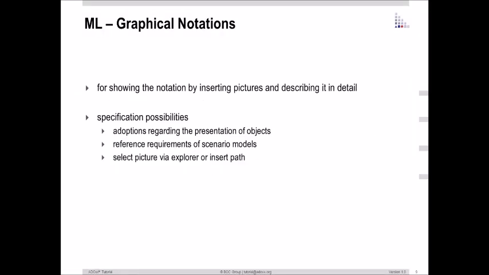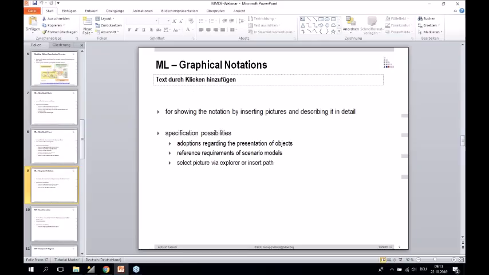Furthermore, we've got the graphical notations model type. It shows the notation of the language elements in detail. Therefore, it is possible to insert pictures via the picture path or by using the Explorer. I will show you now the example for Archimate.